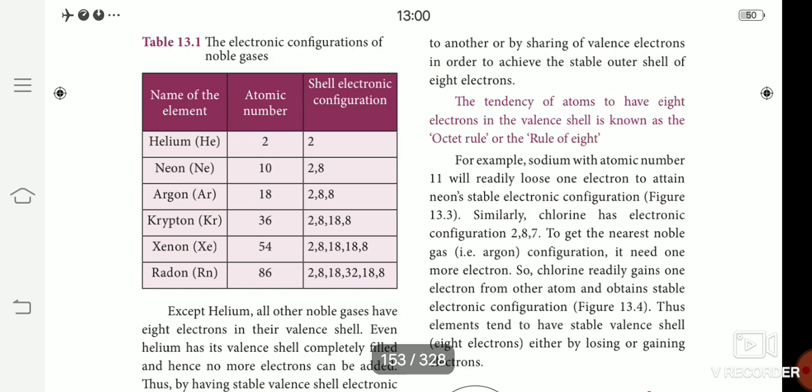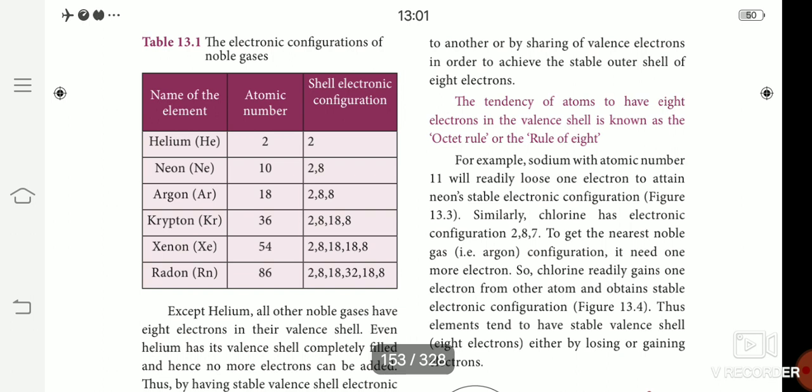All other noble gases have 8 electrons in the valence shell. Helium's valence shell is completely filled, so no more electrons can be added. So the valence shell is a stable electronic configuration.